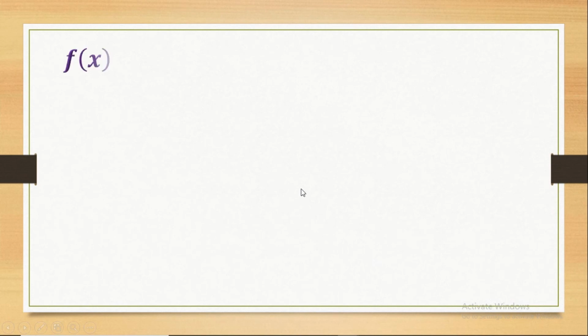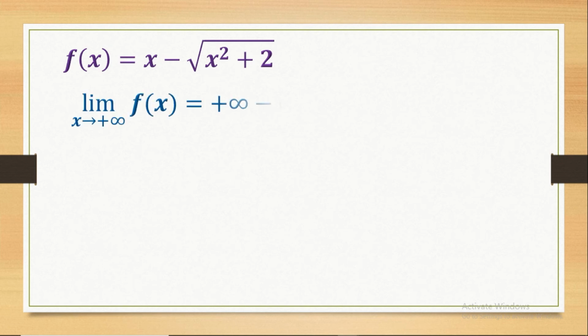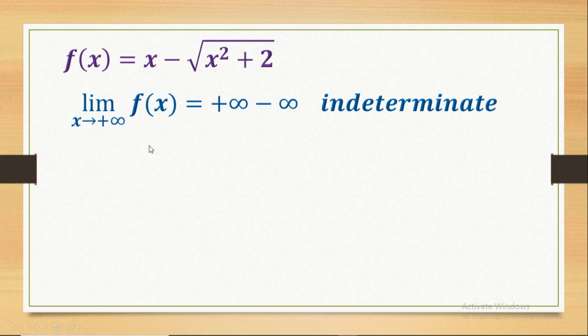Another example. As you see here, we have f of x equals x minus radical x squared plus 2. Well, from the first look we can see that it's very easy. But here is another form of indeterminate limits. Why? If we think about the limit of f of x as x tends to plus infinity, note that as x tends to plus infinity, we have x squared plus 2 will tend to plus infinity.